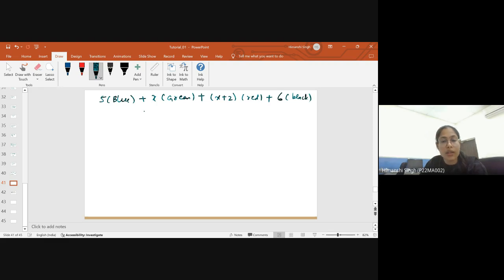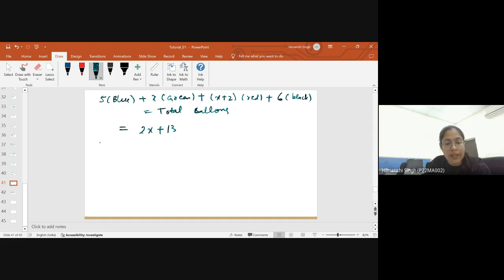So these were the total balloons, which is equal to 2x plus 6 plus 5 is 11, and 2, that is 13. So these are the total number of balloons.